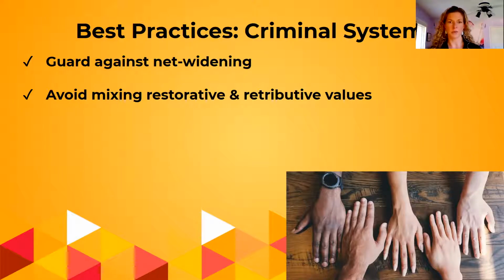In that case, it would be more of a punitive or retributive system, versus I'm adding community service because it's something that the victim wants or would help restore or repair that harm, more of a restorative framework. So you just want to be careful with the mixing of those two systems in terms of confusing the defendants and just having systems that are not complementary with one another.